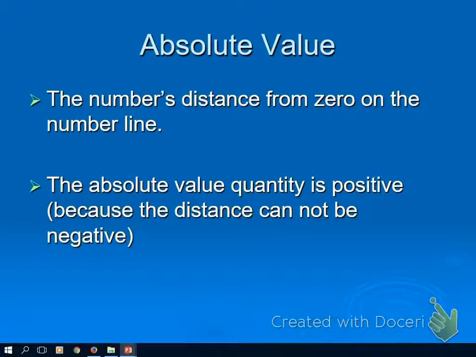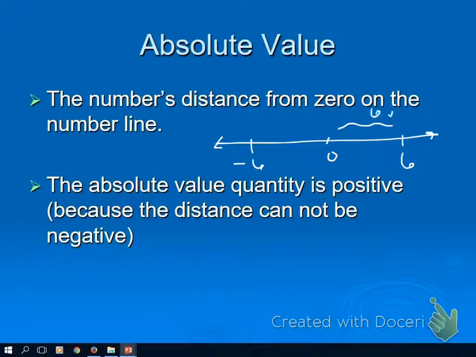First of all, absolute value. What does it mean? Well, the absolute value is a number's distance from zero. So distance, what's the story with that? If I were to talk about -6 and 6, how many units away from 0 is 6?